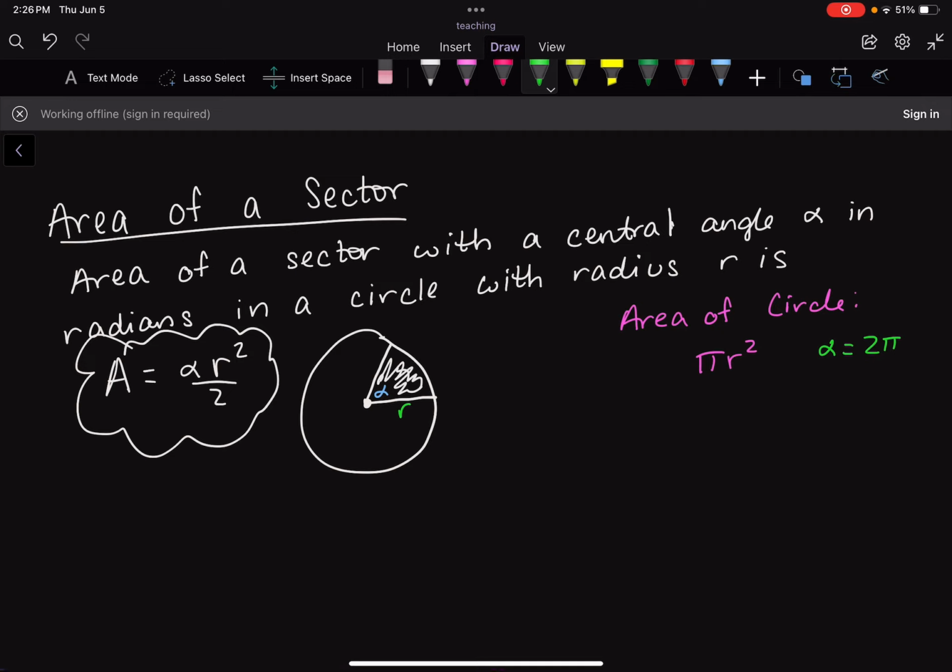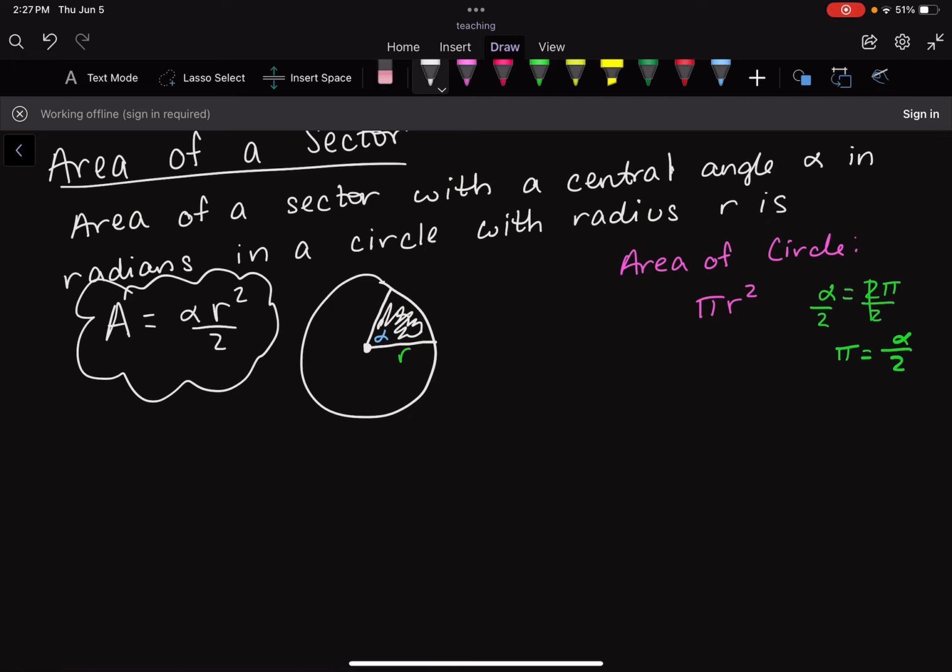So if I take this and divide by 2 on both sides, I get that in this area formula, pi is equal to alpha over 2. And so that's where this is coming from. I'm replacing pi with alpha over 2 for the new area, since I don't want just the area of the whole circle, right? I want the area of just a little piece. So that's kind of the idea of where it comes from.